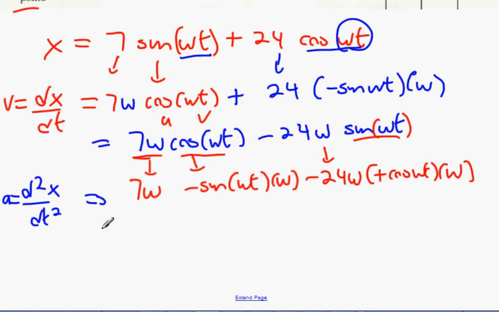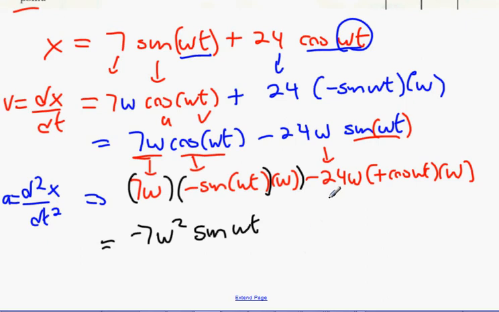Let's find out what's going on here. These are being multiplied by each other, by the way, sorry, I've written down slightly wrong. So it's going to be 7 omega squared times minus sine omega t, minus 24 omega squared cos omega t.